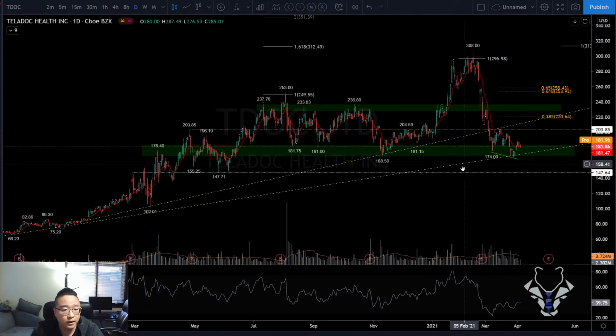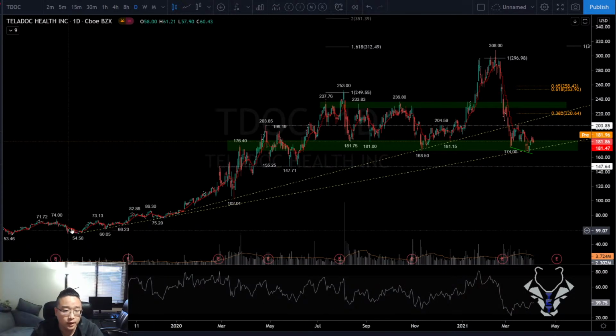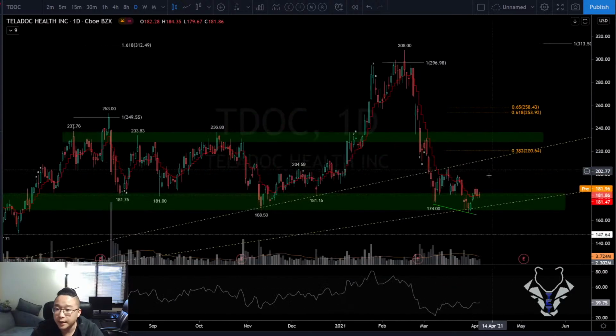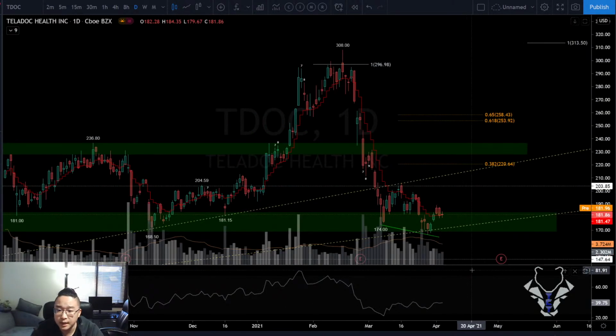So we're bouncing from a nice area where it was this trend line, triple support, quadruple support from down here, and now we're bouncing from it, but there was a lack of follow through. It doesn't even look like we got to the GP. Yeah, we didn't even get to the GP. So TDOC remains weak.